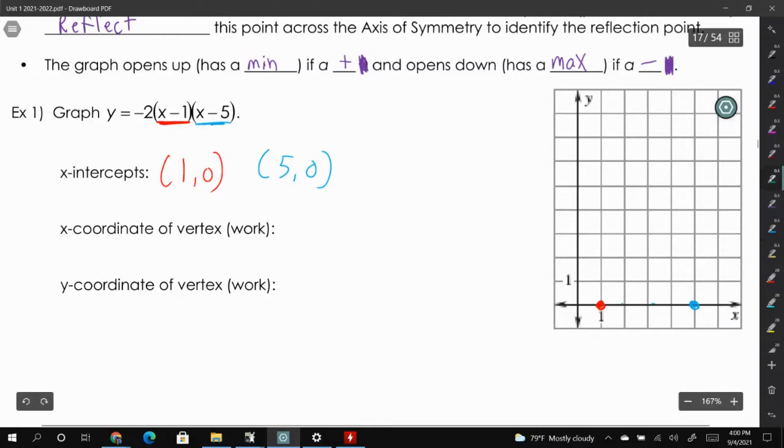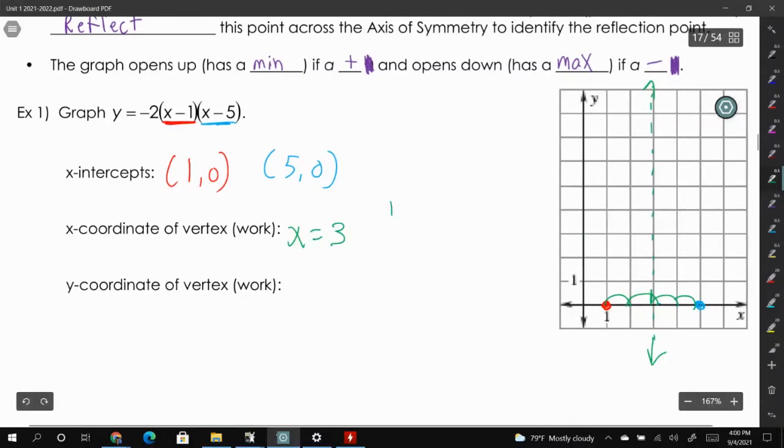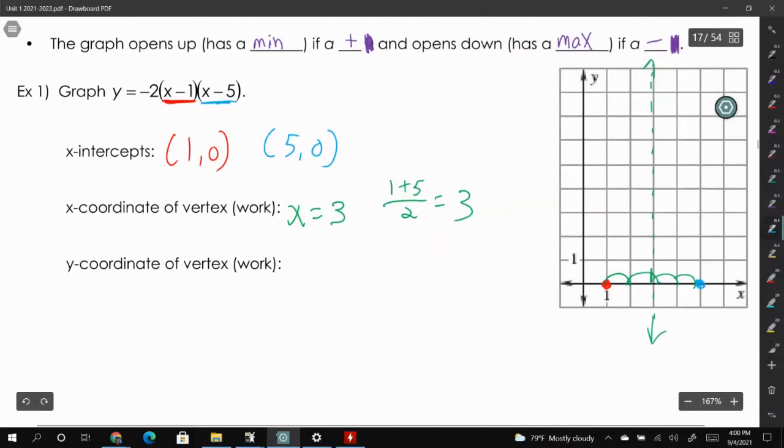Now to find your axis of symmetry, we want to go halfway in between. So 1, 2, 3, 4. Halfway in between is right here. This is our axis of symmetry at x equals 3. And again, you could have done 1 plus 5 over 2, and that still would have given you 3. Now we need to take that 3 and plug it into our original function.